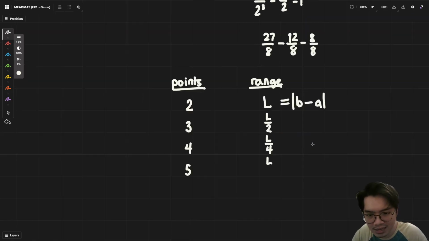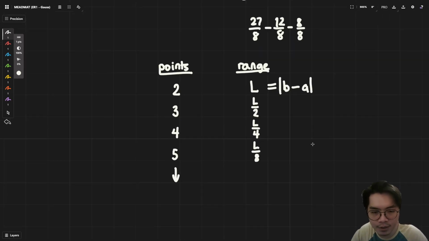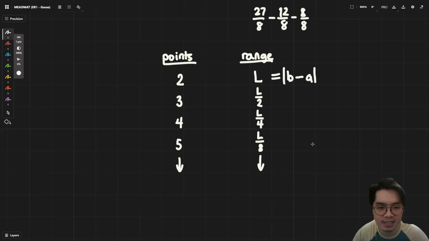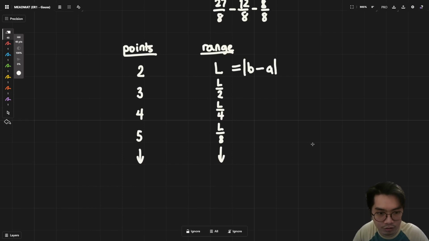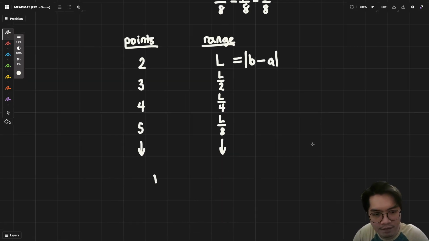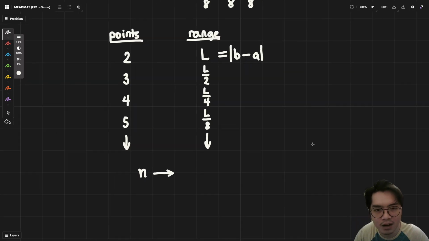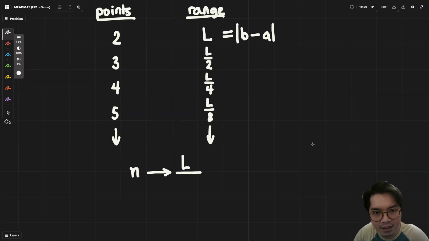Now you will see a kind of pattern pop up. However many points you have, n will determine your range. If you have n points, that corresponds to L divided by 2 raised to n minus 2.